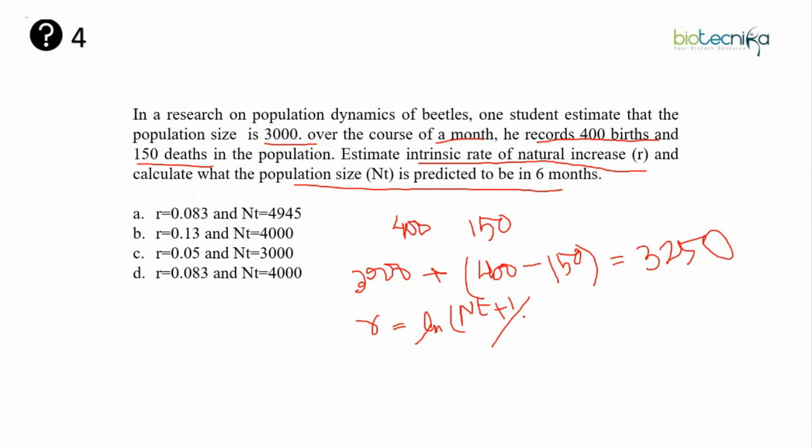So it will be r equals ln of 3250 divided by 3000, because your Nt, the population at time t, was 3000, and the population at time t plus 1 month is your 3250.